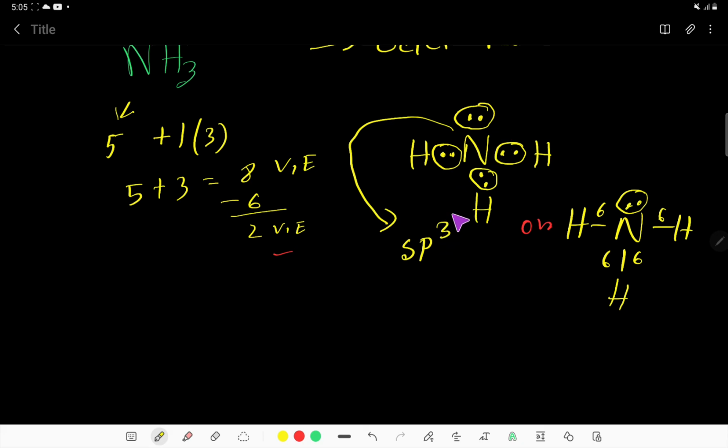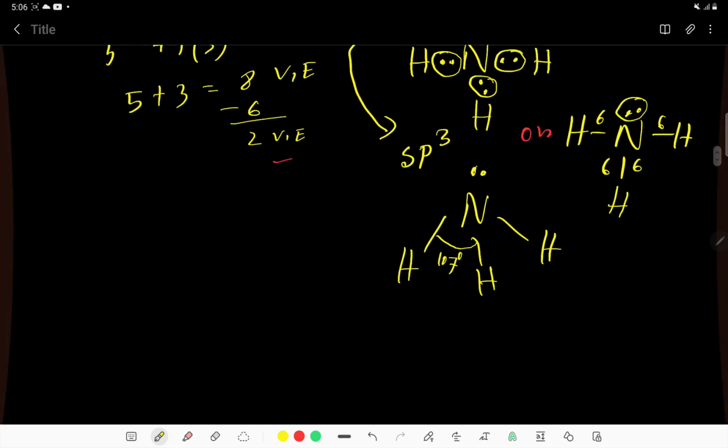According to hybridization, its shape should be tetrahedral, but due to the presence of this lone pair, the shape of this molecule is trigonal pyramidal, right? I hope you have understood. And the bond angle is 107 degrees, right?